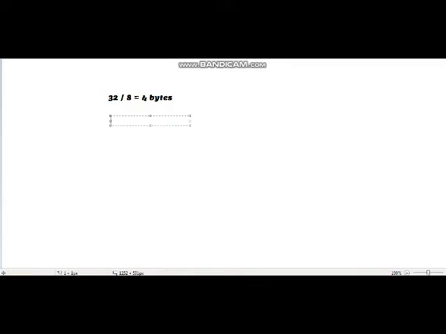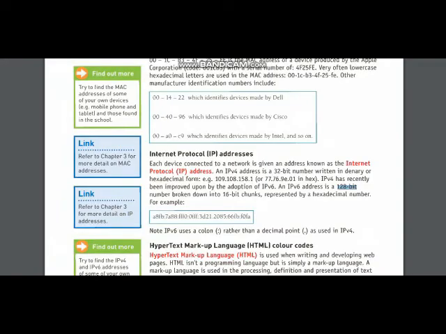If we divide 128 by 8, we get 16 bytes. Keeping in mind the increasing use of the internet, the newer IP addresses comprise 128 bits, that means 16 bytes. But the name is not IPv16, its name is IPv6.